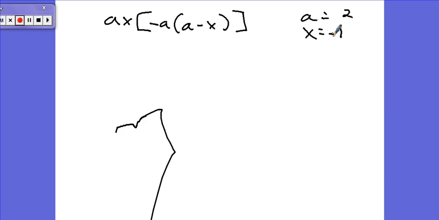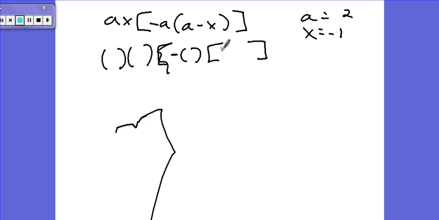What I like to do when I rewrite these problems, to keep everything in order, is change each and every letter to a parentheses, which means I have to change all my other symbols. It just makes my life a lot easier.